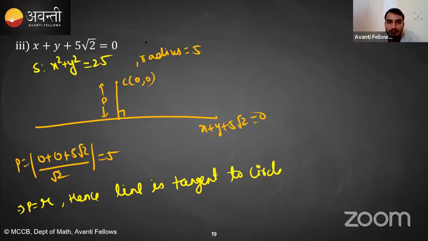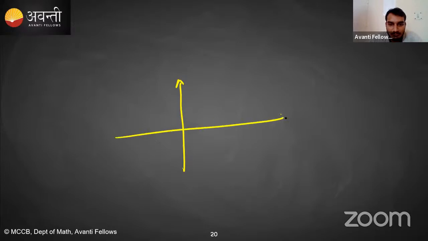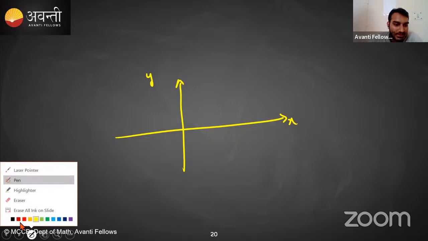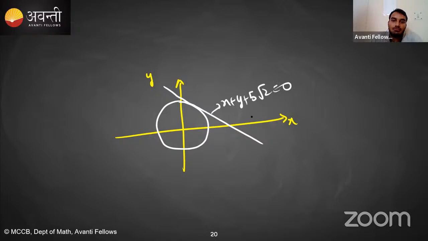Is that clear? Okay. So maybe the situation is like this. Let's say this is x, this is y, and this is the circle. And the line is like this: x plus y plus 5 root 2 is equal to 0, and the circle is x square plus y square is equal to 25.